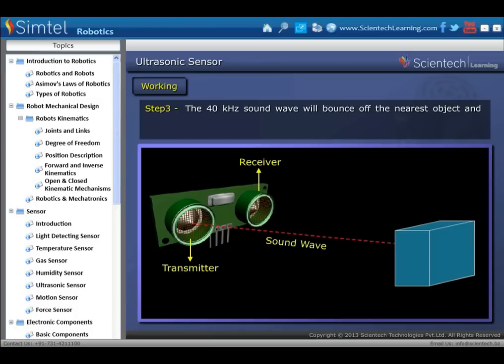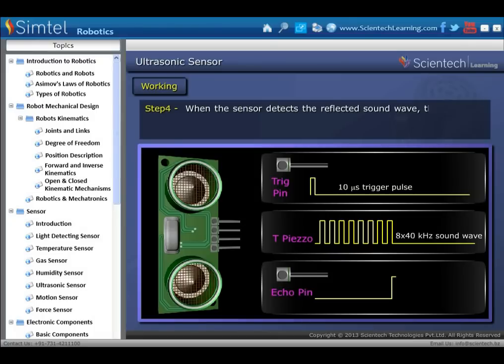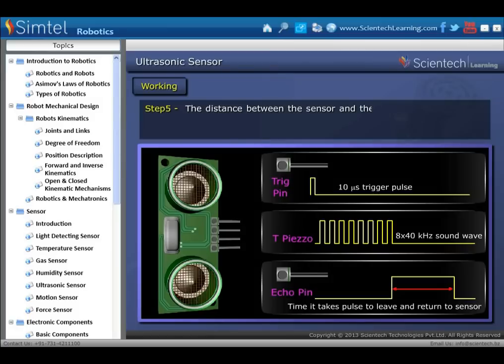Now, step 3. The 40 kHz sound wave will bounce off the nearest object and return to the sensor. Step 4. When the sensor detects the reflected sound wave, the echo pin will go low again, as we see in animation. Next is step 5.